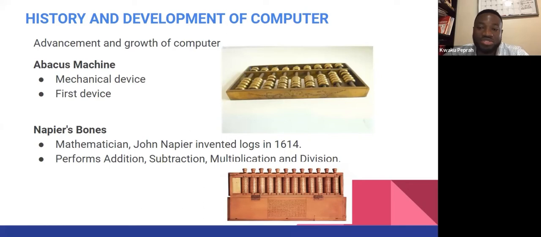It was used to perform additions, subtractions, multiplications, and divisions, which actually was helpful during the time. Engineers used it and mathematicians used it.